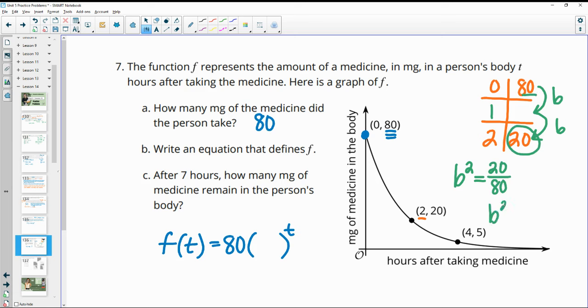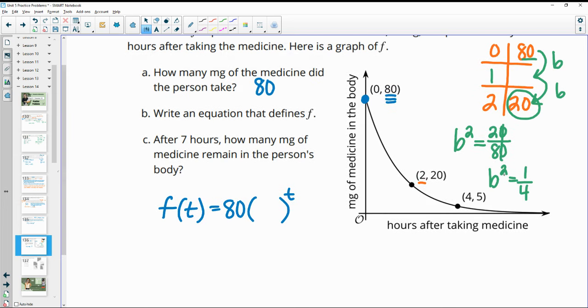So B squared, if we simplify this, divide by 10, 2 and 8 both divide by 2, we get 1/4. We need to square root this because this is 2 growth factors. So the way that you undo repeated multiplication is by square rooting it, or using a root, in this case a square root because of this 2.